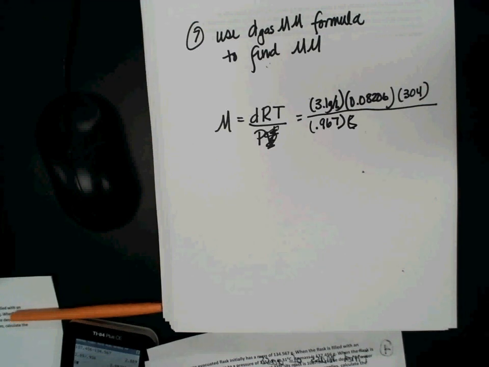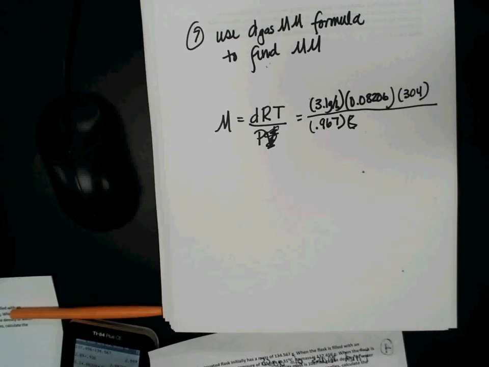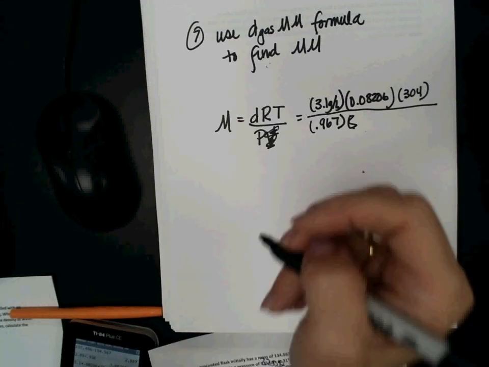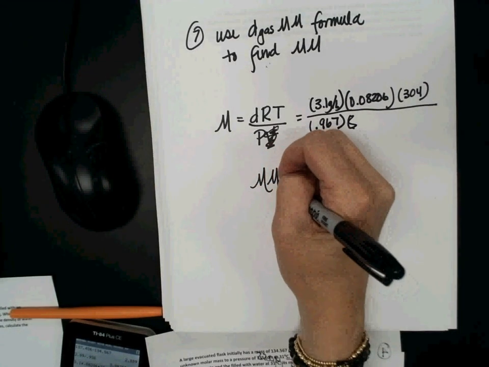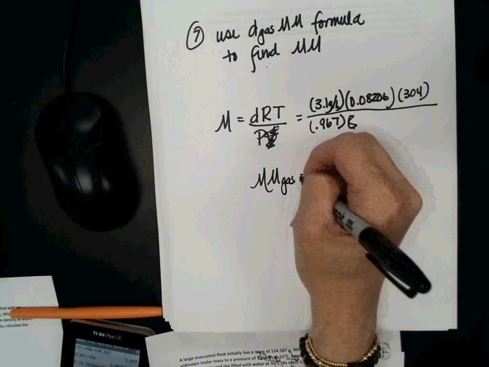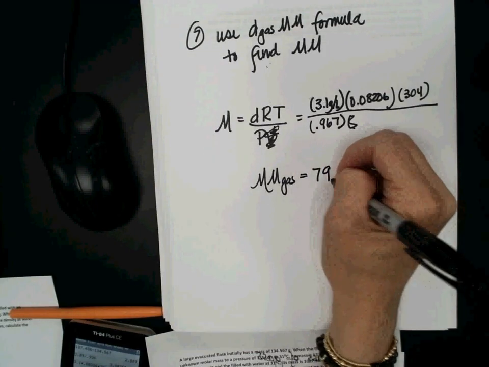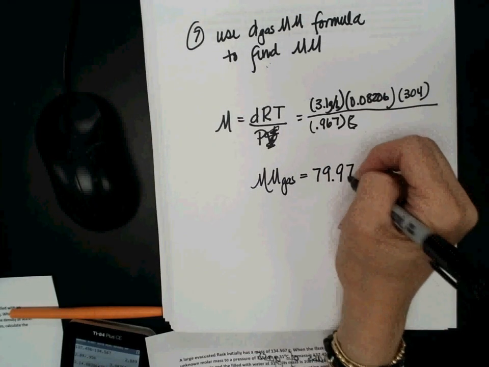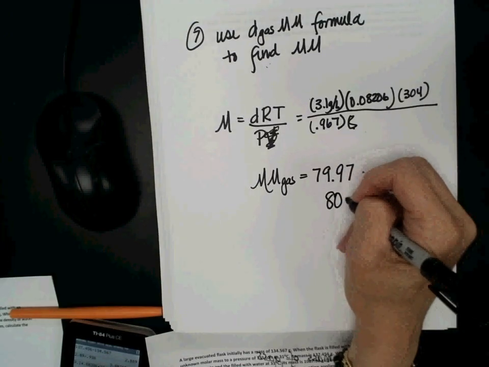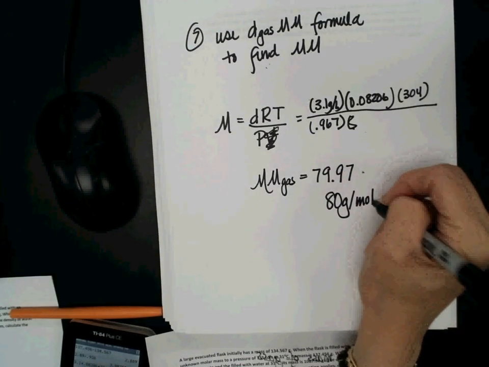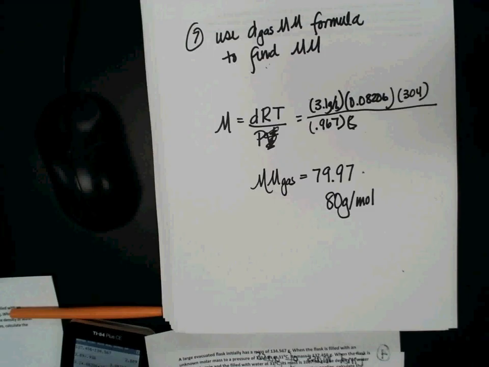So now we can do the math. So I can say the molar mass of the gas is equal to 79.97, so I'm going to say 80 grams per mole.